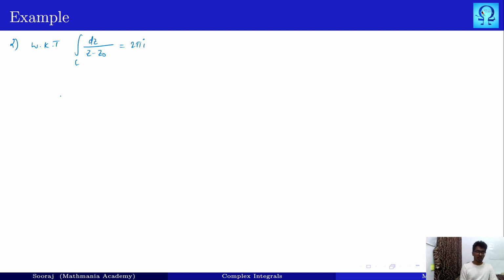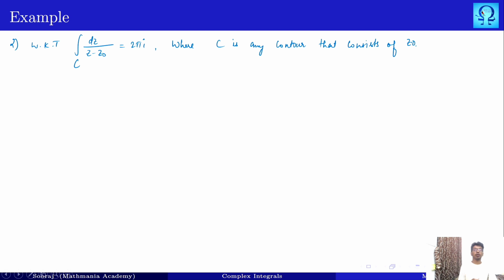So with this ideology, that is the extension of Cauchy integral formula, can we find out, where c is any contour that contains z naught? This point z naught has to be inside c.